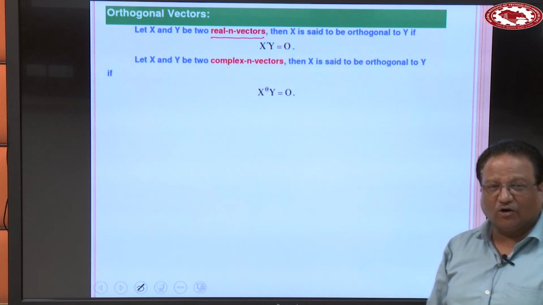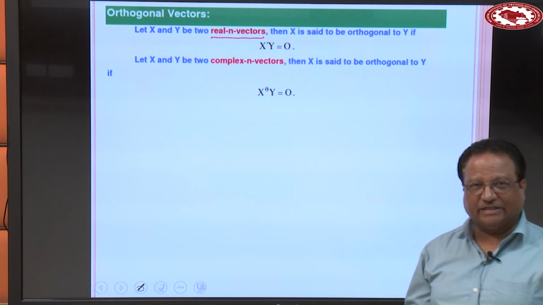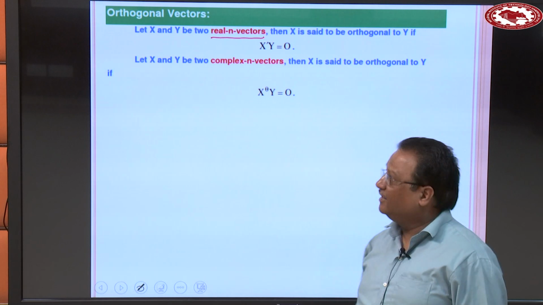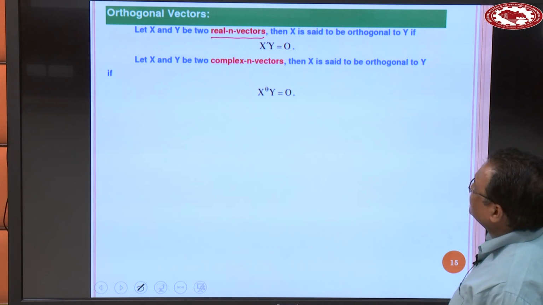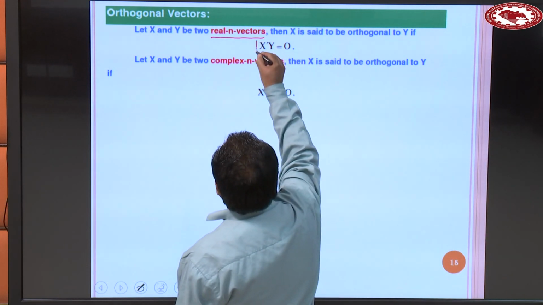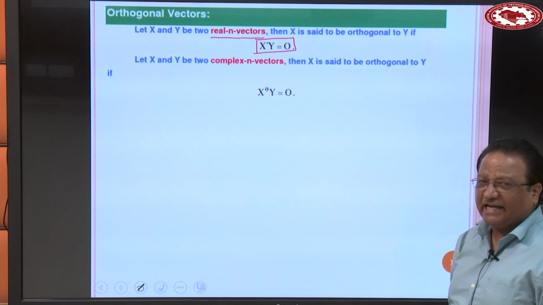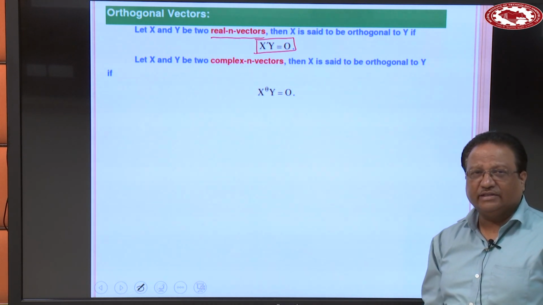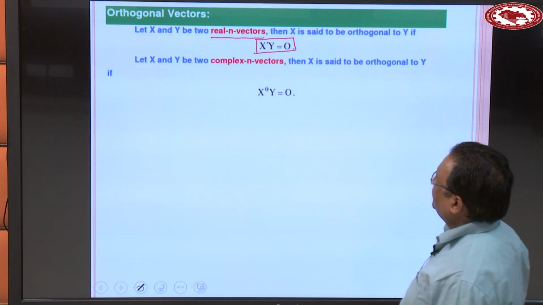Two vectors are orthogonal, clear? Both vectors are normal or perpendicular to each other in simple terms. So x is said to be orthogonal to y if x dash y is equal to O.